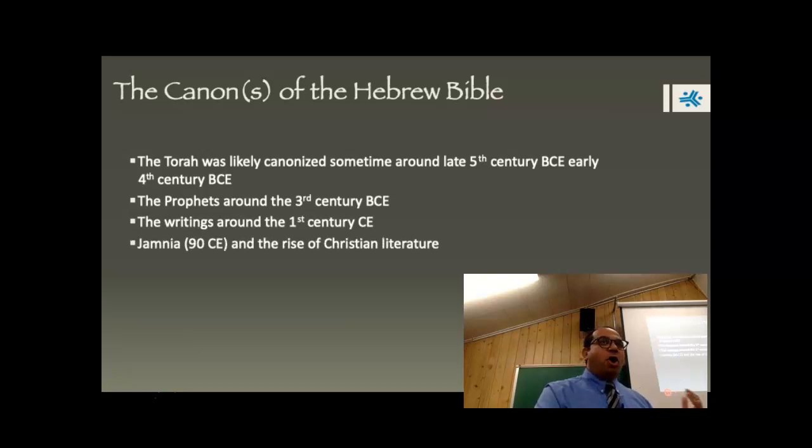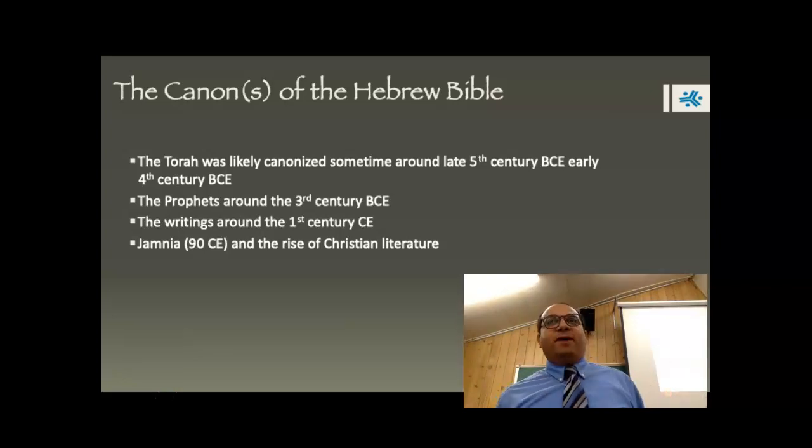Some scholars early on thought that there was some sort of a gathering or a conference that happened in a place called Jamnia in Israel, Palestine, around 90 CE, where scholars or rabbis canonized the Old Testament. That's disputed. They were not sitting to talk about the canonization of all of the Bible.